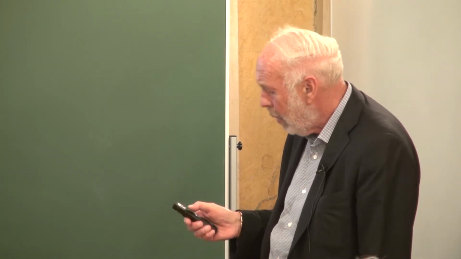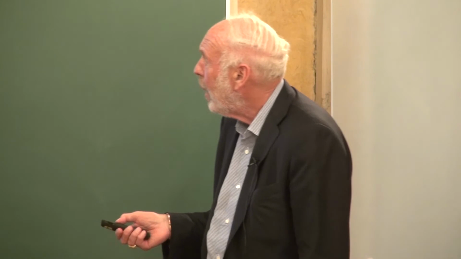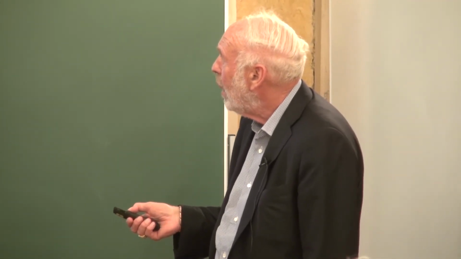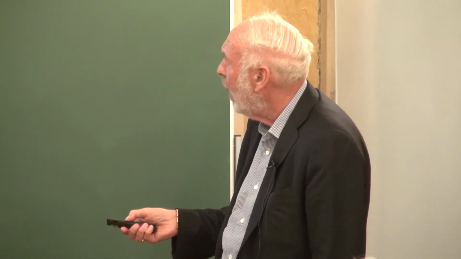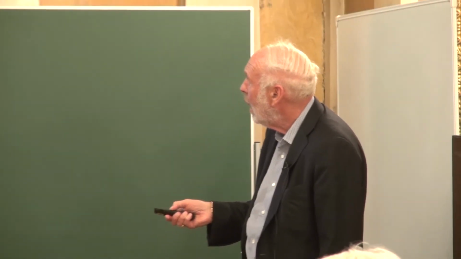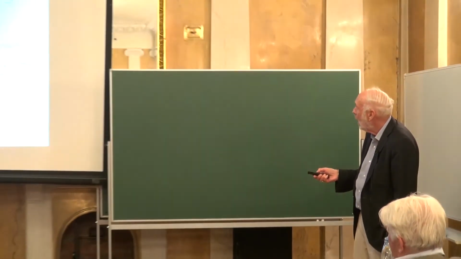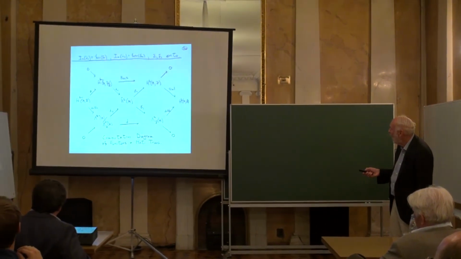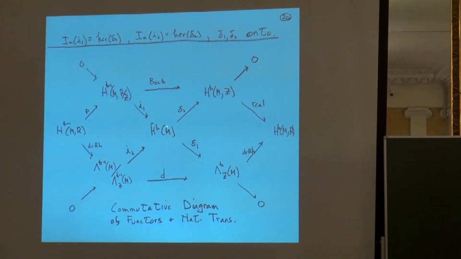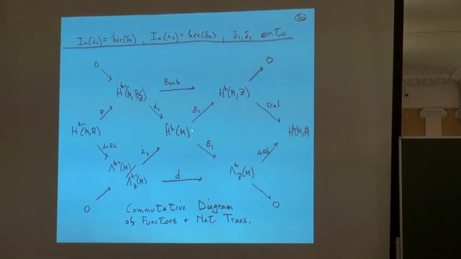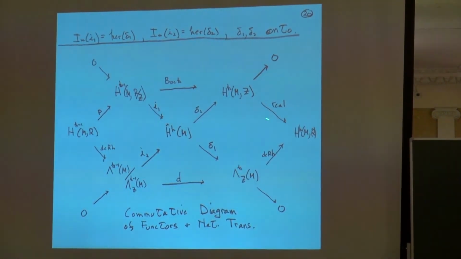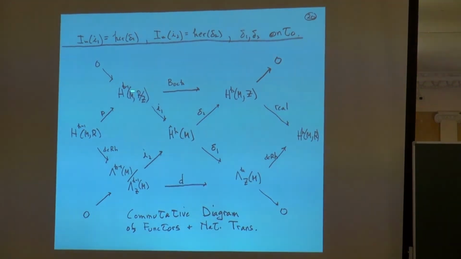Okay, so now I'll get into my third collaborator who's sitting here. So I want to go back to the diagram. There, so there's a diagram. Now, as I said, this is an unfamiliar thing nested into all these familiar things with these exact sequences and so on.